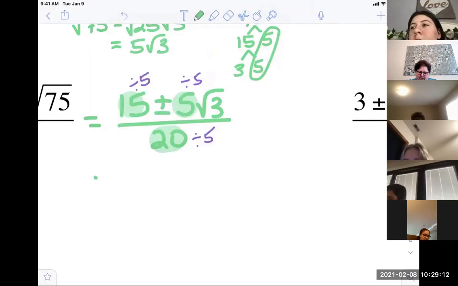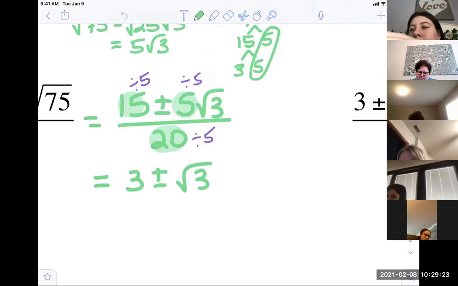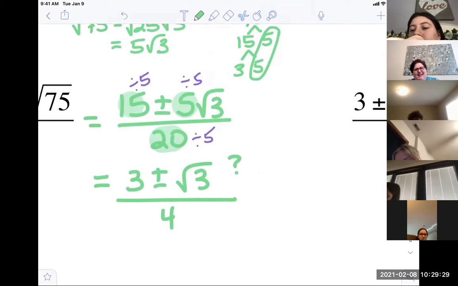And what does that give you, Jack? 3 plus or minus square root of 3 over 4. Over 4. Okay, I heard square root of 3. So tell me why you're not sure about that term. Because I was thinking whether you needed to put a 1 in front of it or not.